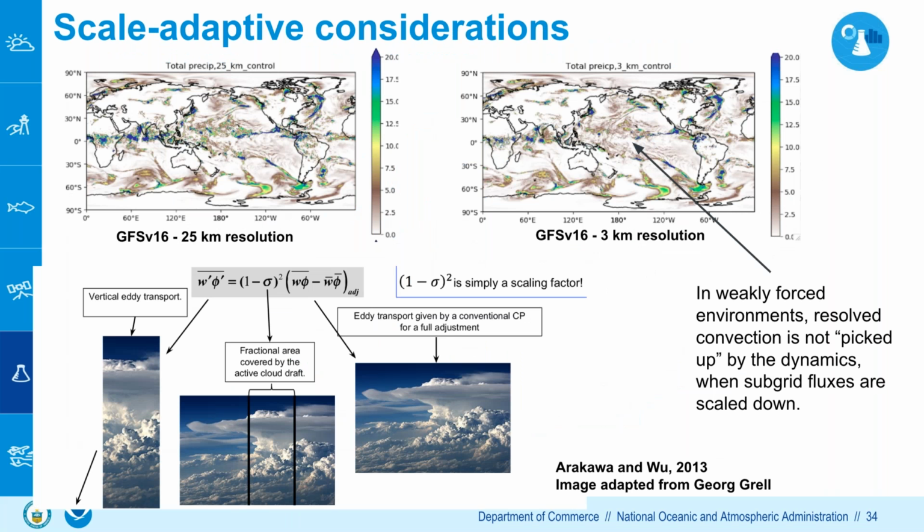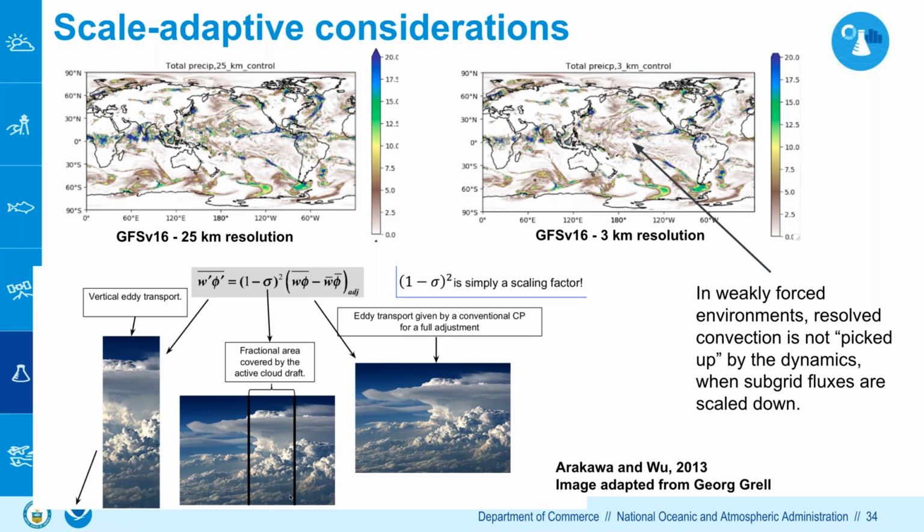Okay, so the last topic I'd like to talk about is some scale adaptive considerations. A common way, as we go to high resolution, is to scale down the mass flux by the term 1 minus the area fraction squared. I borrowed this schematic from George Grell.